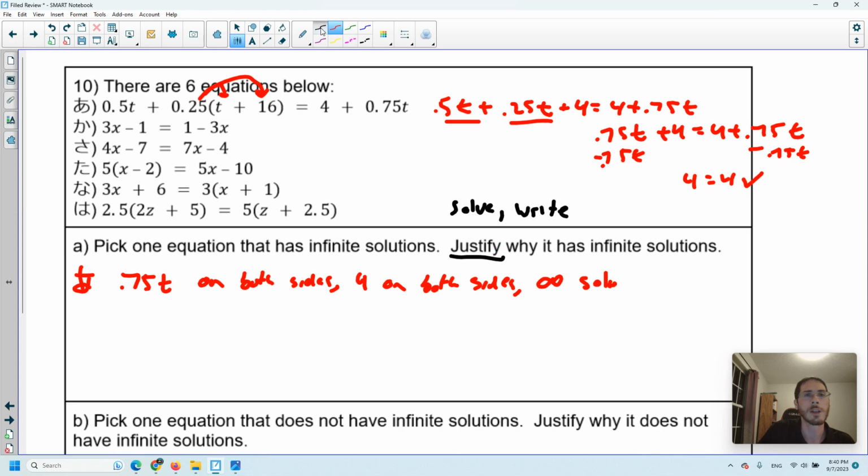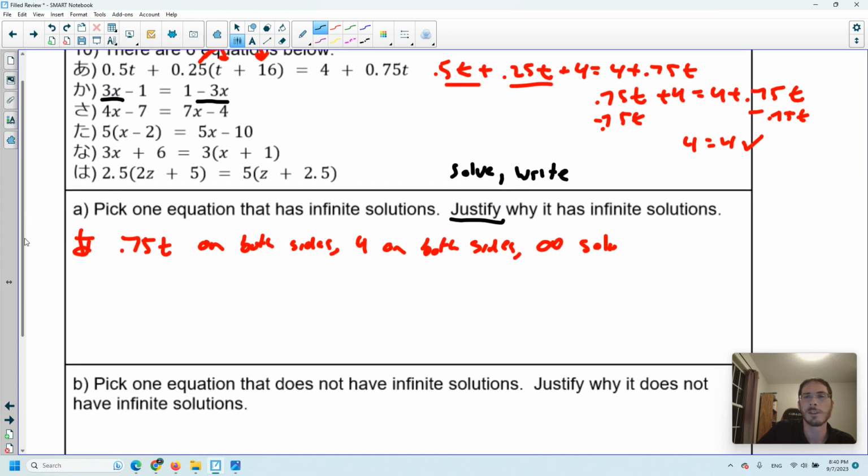All right, let's do the second one then. Let's do Ka. For this one, we can just answer right away. It does not have infinite solutions because we can see we have different numbers of x's on both sides.